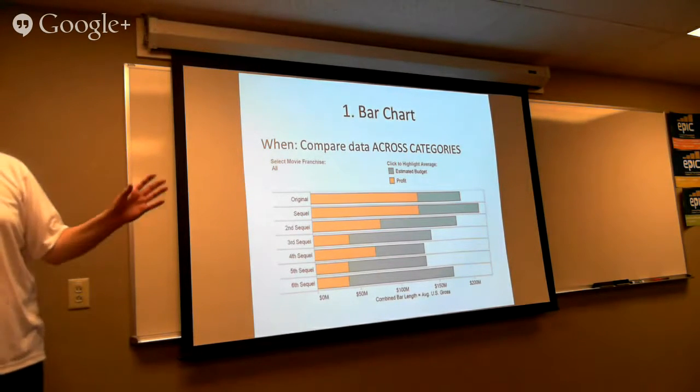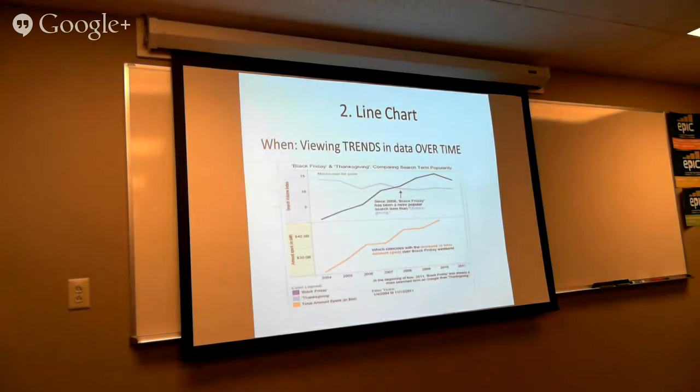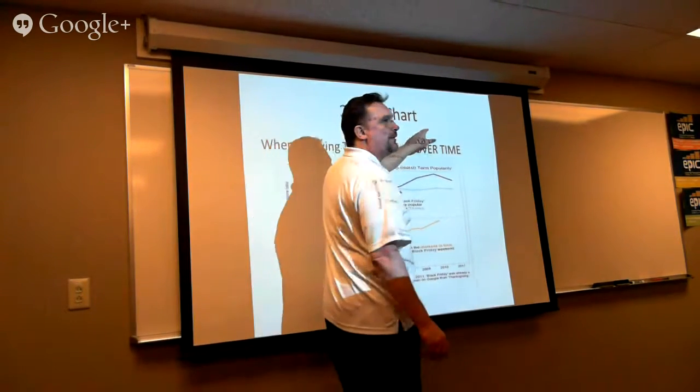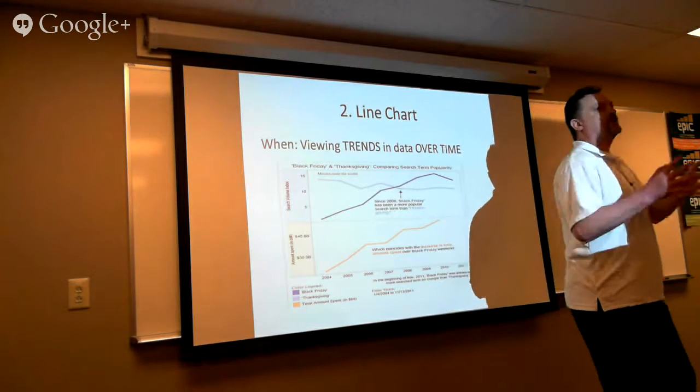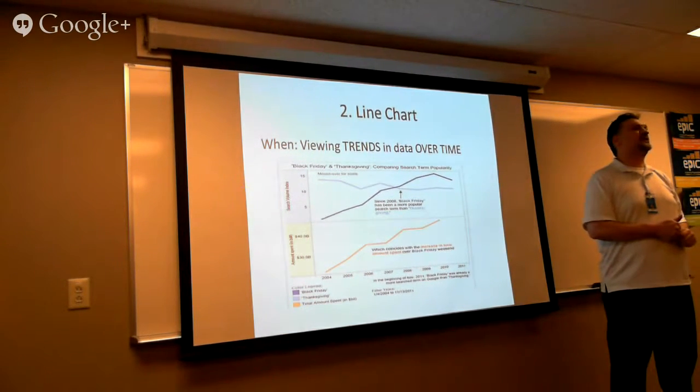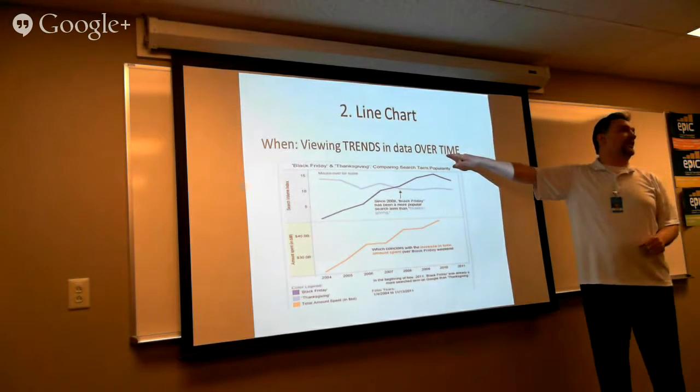Stop me if you have comments. So line chart, just as with bar chart the key thing is categories, with line chart the key thing is over time.